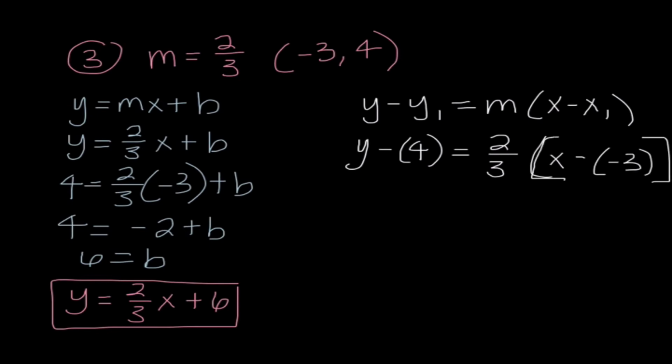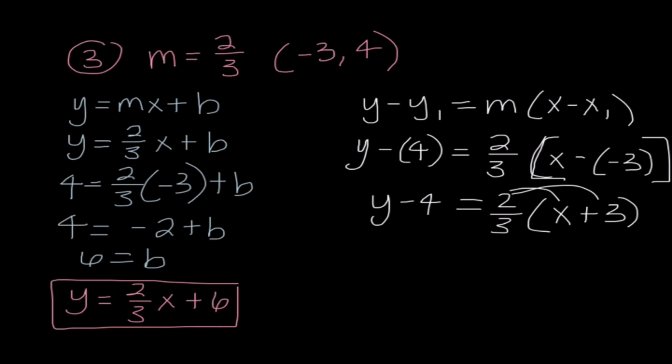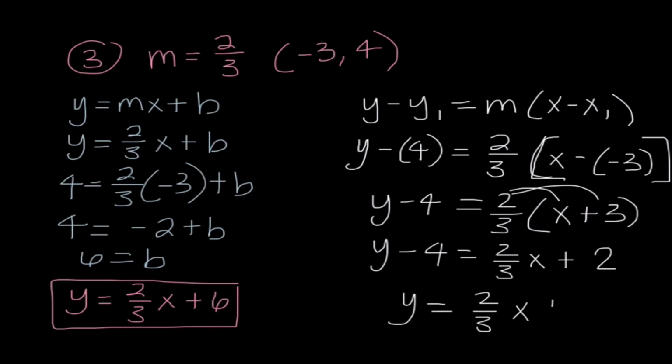So I have y minus 4 equals 2/3 times the quantity x minus negative 3. So I really have y minus 4 equals, okay, I'm just going to rewrite this as x plus 3. And then I need to distribute that 2/3. So I get y minus 4 equals 2/3 x plus 2. Now when I add 4, I get y equals 2/3 x plus 6.